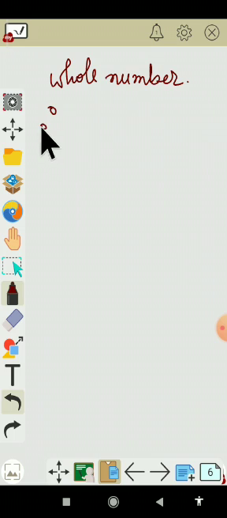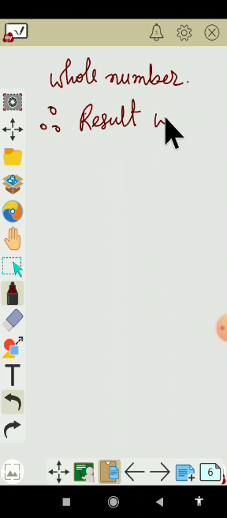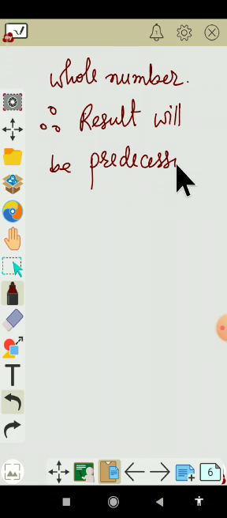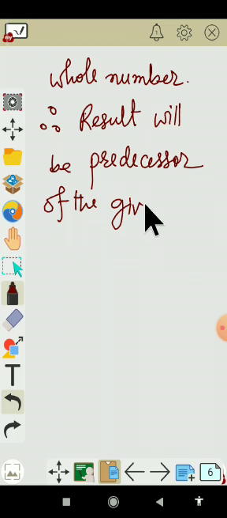Therefore the result will be the predecessor of the given whole number.